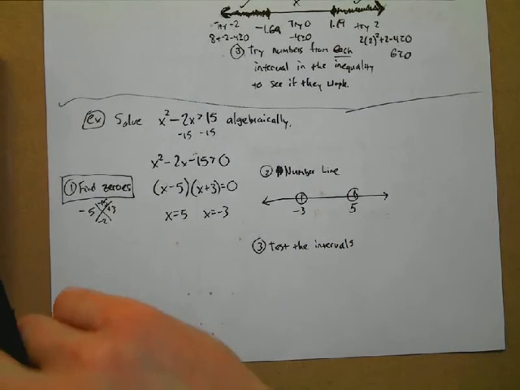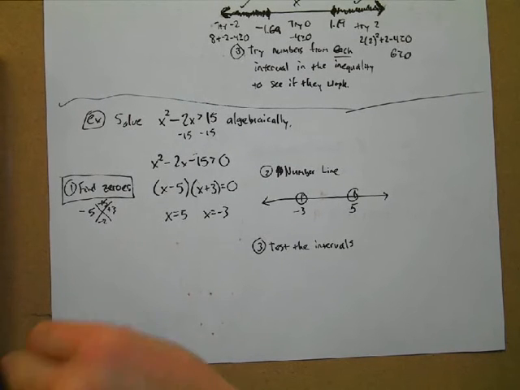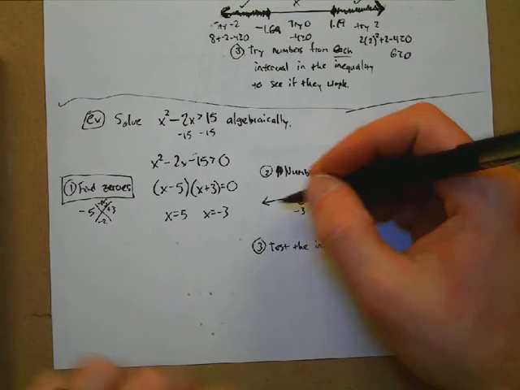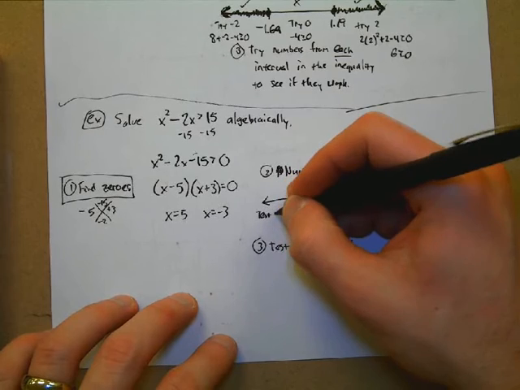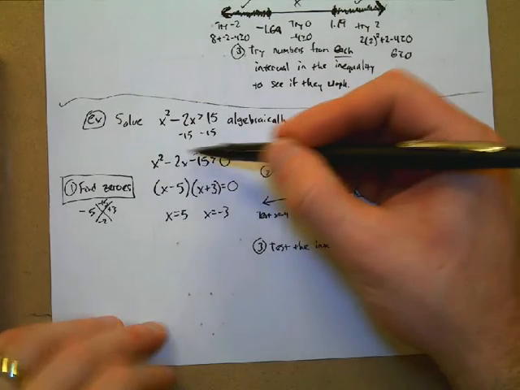What's the number we can pick in this interval right here? Sure, let's test x equals -4. Plug -4 in here. -4 squared is 16, and -2 times -4 is positive 8. So 16 plus 8 is 24, minus 15 is 9. Is 9 greater than 0? Yes. So this interval works. So you can go ahead and shade that direction and color in the arrow too.